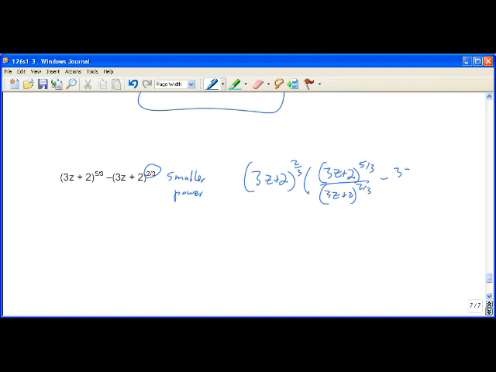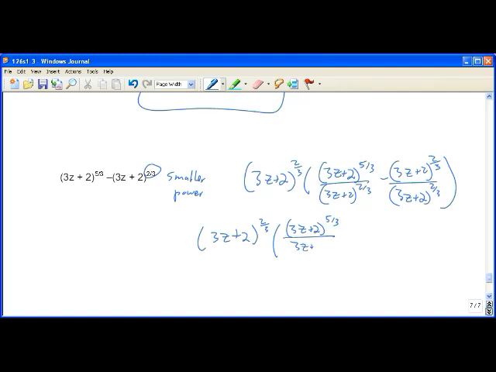Minus (3z plus 2) to the 2/3 over (3z plus 2) to the 2/3. I'm going to write this one more time, just because there's a lot of stuff here that can get jumbled if I start crossing out. (3z plus 2) to the 5/3 over (3z plus 2) to the 2/3. (3z plus 2) to the 2/3 over (3z plus 2) to the 2/3.